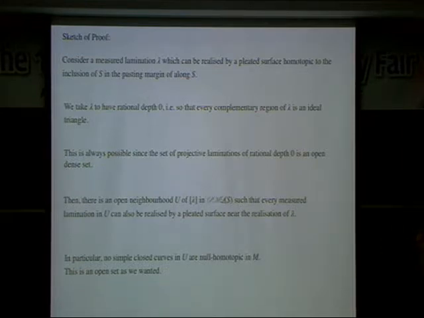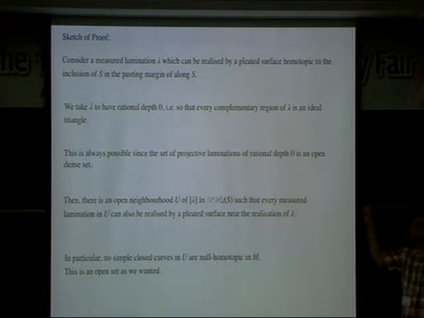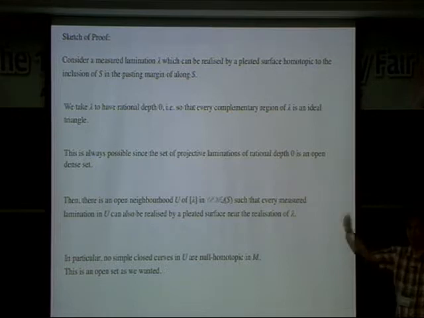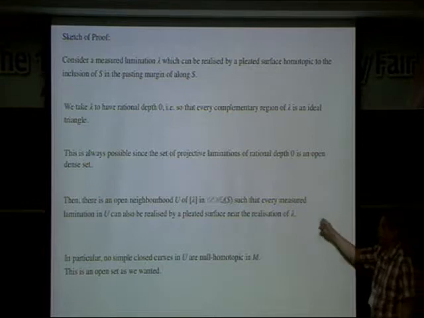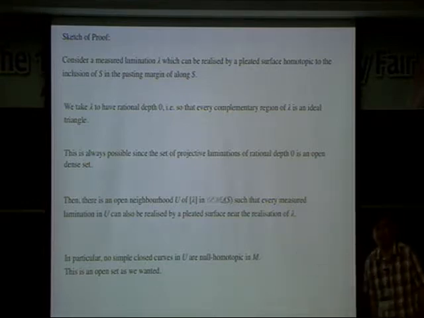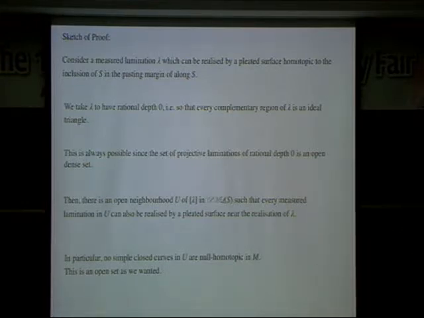If lambda is taken to be such a lamination, then by the model map, you see that this lamination is also realized in the original manifold M. And if you take a sufficiently small neighborhood, then every curve contained there is homotopic, not non-homotopic.